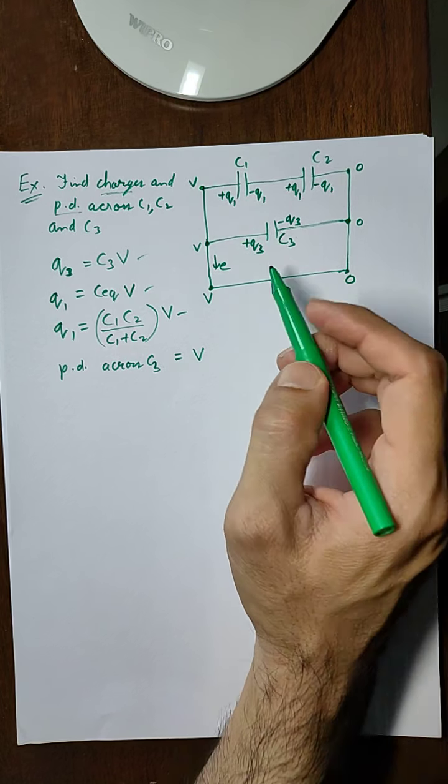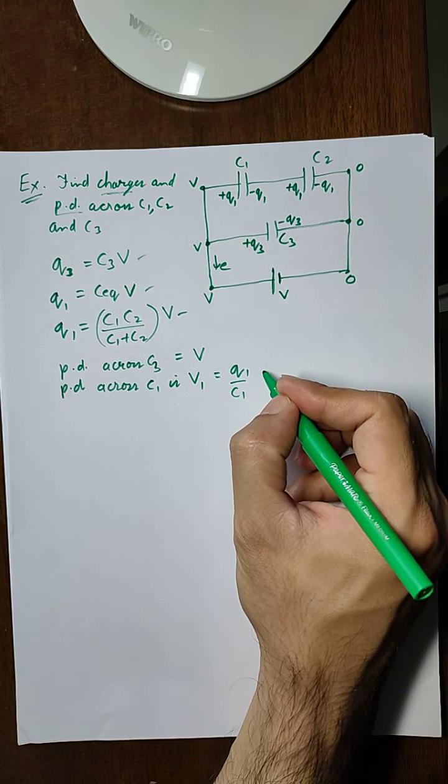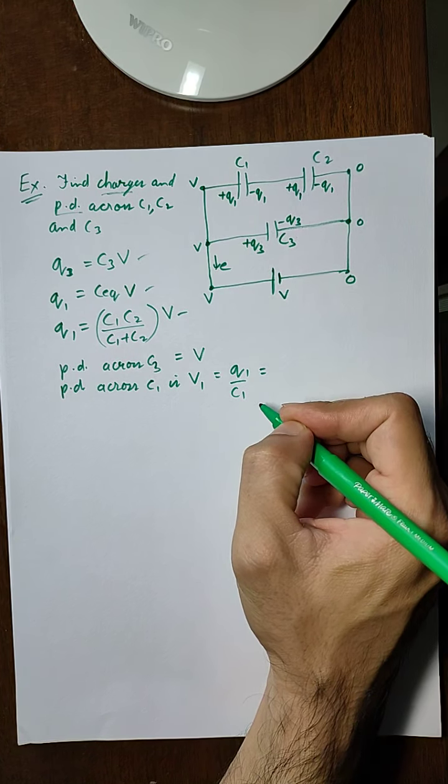Now the potential difference across C1, let us say it is V1, then the value of V1 will be equal to Q1 upon C1. If we use the value of Q1 here, we will find that this value will be equal to this.